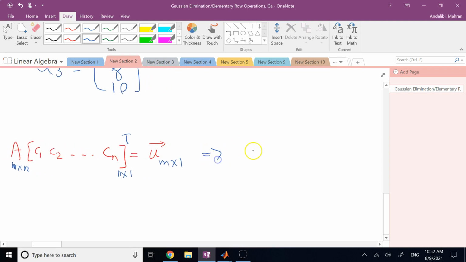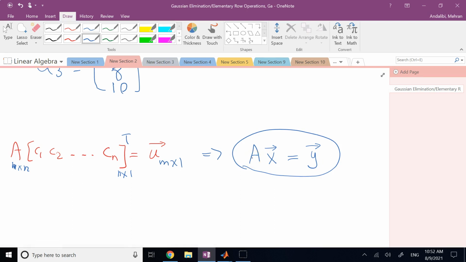Or you can say U is A times a matrix C, or X. Some people use X, so let me use X. So X are the coefficients here, correct? So any vector y that can be written as A times a coefficient vector x, right? This y is going to be in the range space of A. Good?